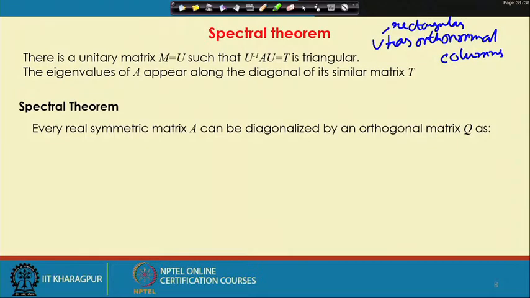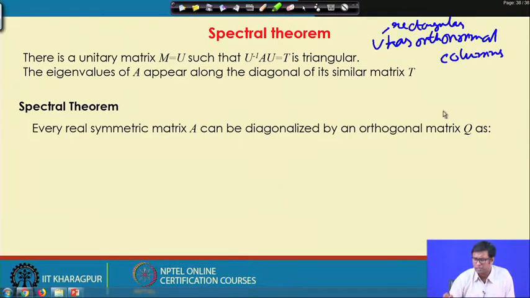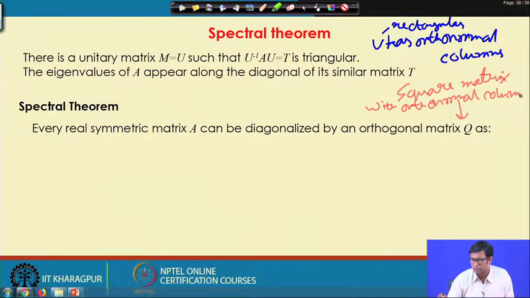And then comes a very important theorem called the spectral theorem. Every real symmetric matrix A can be diagonalized by an orthogonal matrix Q, and what is an orthogonal matrix? An orthogonal matrix is a square matrix with orthonormal columns.